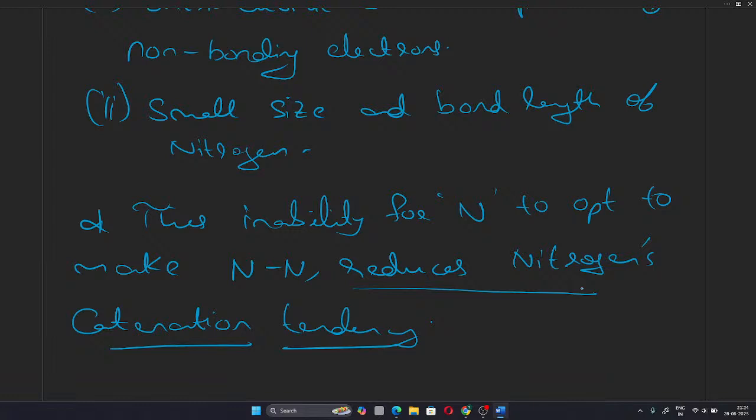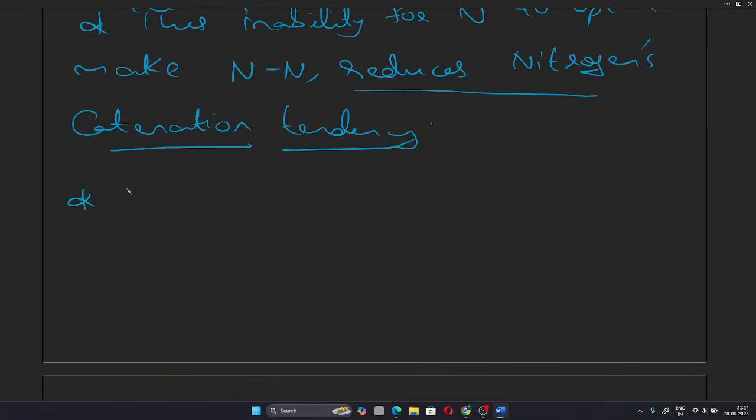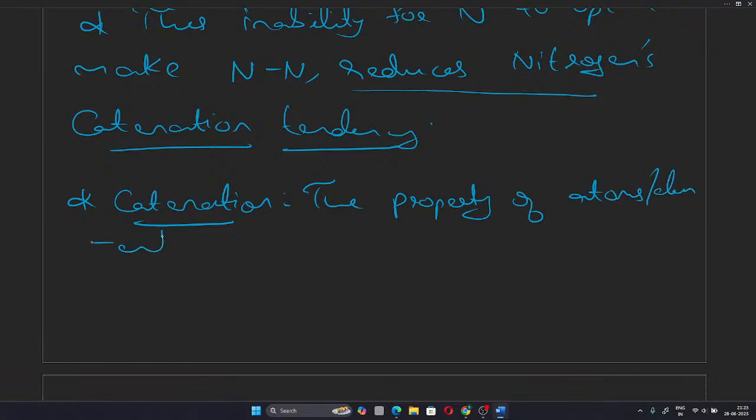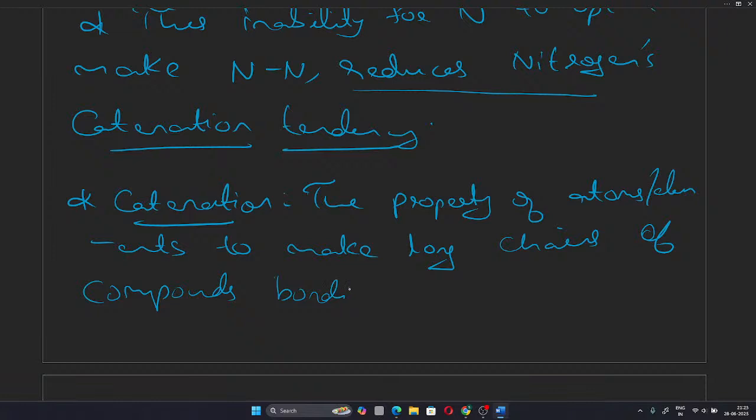Catenation is the property of atoms or elements to make long chains of compounds, bonding to itself and other elements.